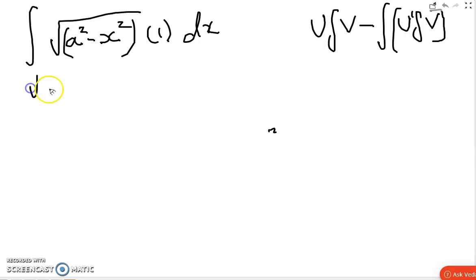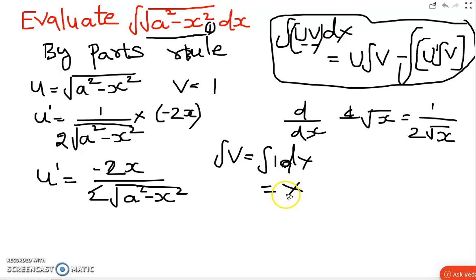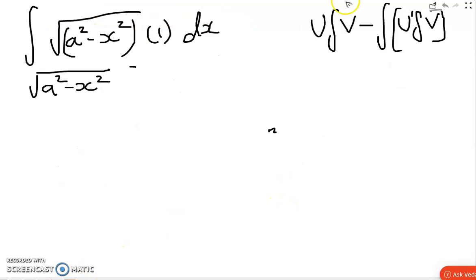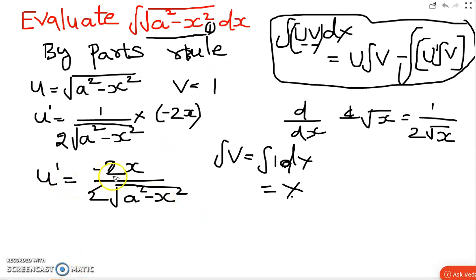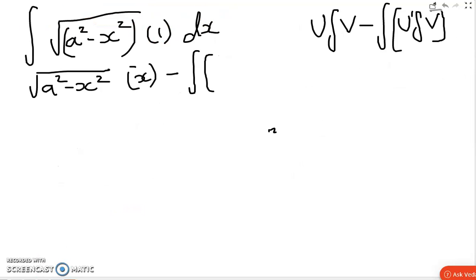Now what is the u value? U is under root of a square minus x square. The integration v value is x, directly we will write. Integration v value is x, minus all integration of u dash. What was u dash we did? U dash is x by root of a square minus x square, plus x or minus x, let's see.